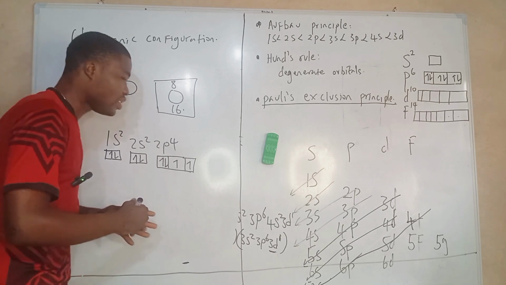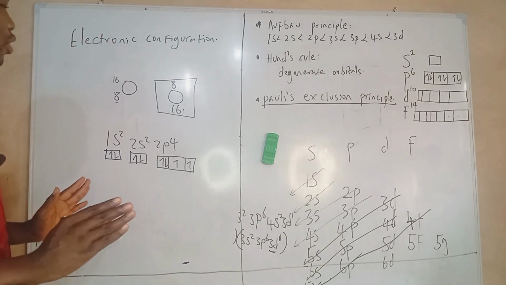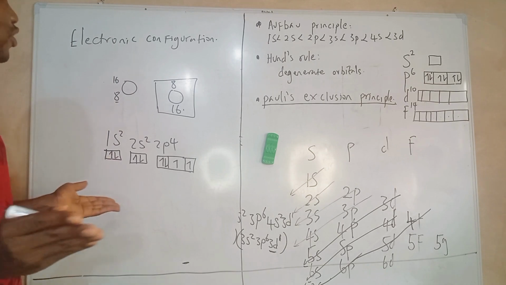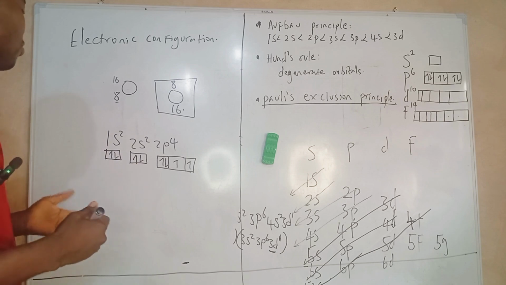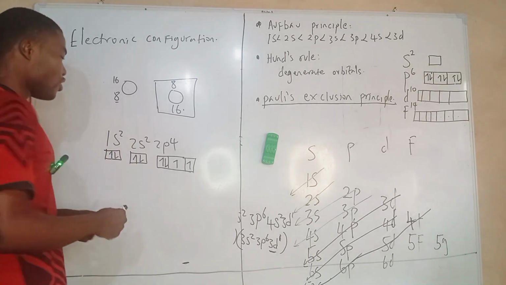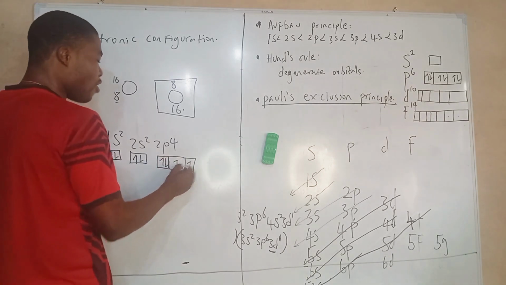So this is very, very simple. It's not difficult at all. You apply the same principle. These are the various orbitals. So some questions can come like this.